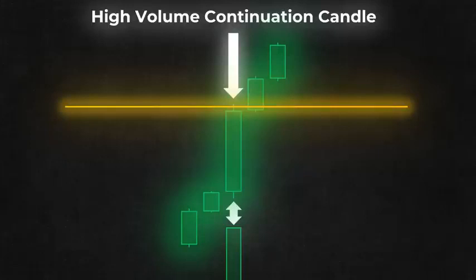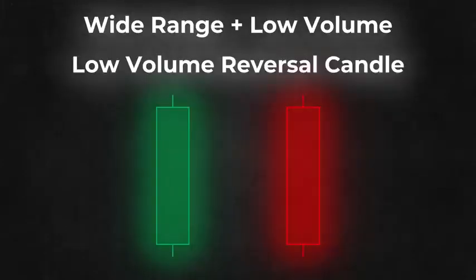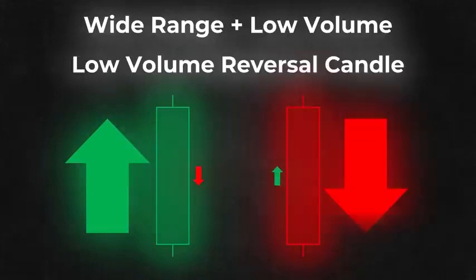Let's move on now to the case where we see a wide range candle with low volume. This is also called a low volume reversal candle. Low volume in a wide range candle means that it was very easy for one of the sides to attack the other. This also means that there is a lack of interest from one of the sides. Another way of seeing this is that there is shallow liquidity across a wide price range.